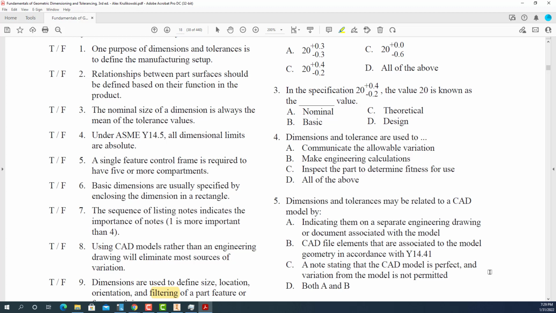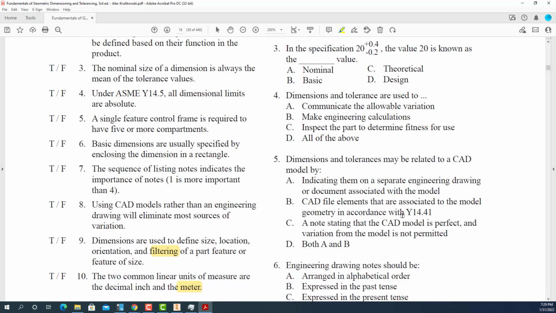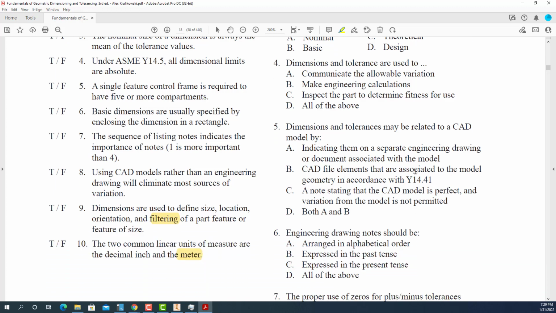Okay, it should be B because it's got to be associated with this spec. We have to tell people how to go into the model and find out what that is, and that's what that standard does. So only B. Okay, good.